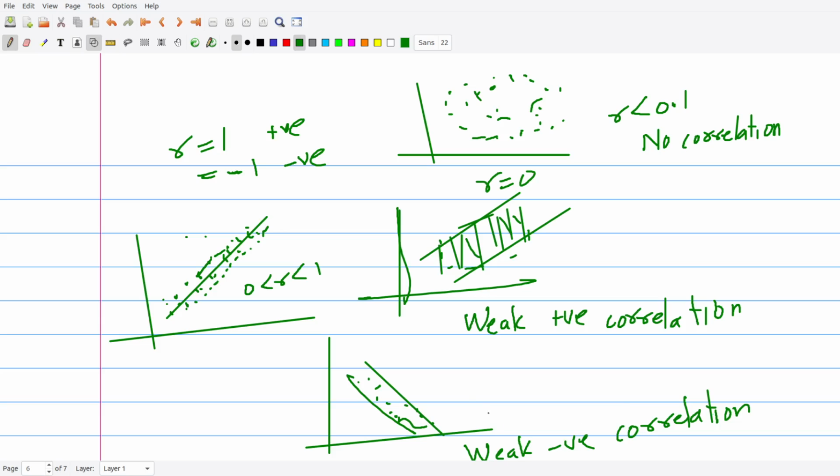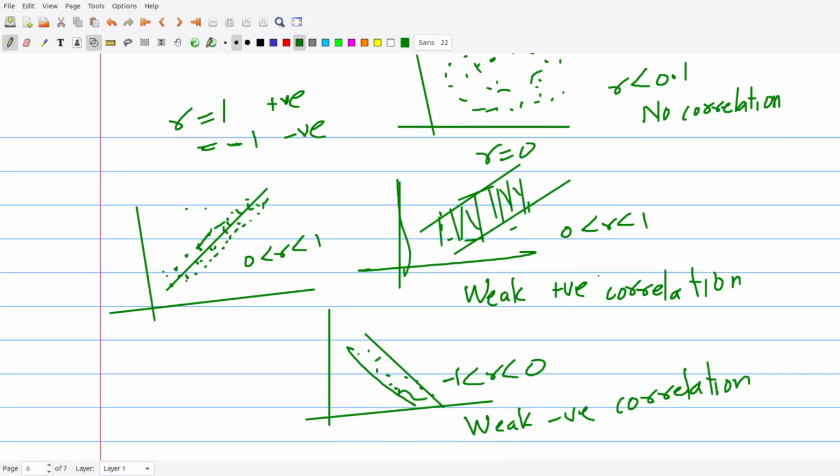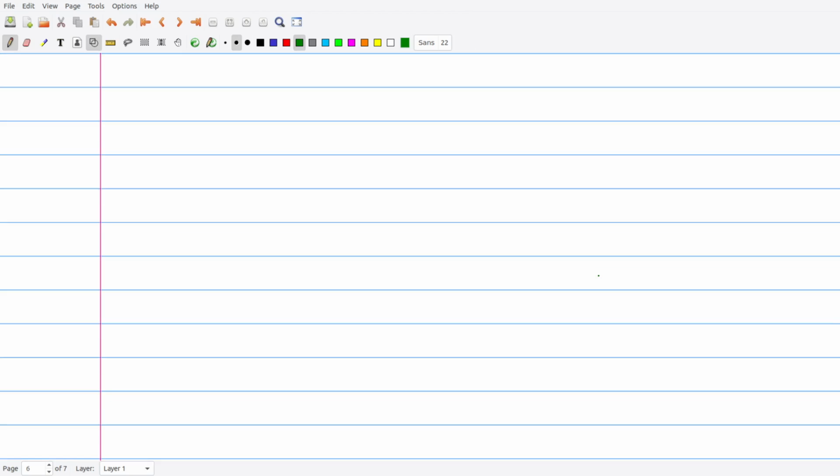What is the value of R here? R will range from -1 to 0. Here it will range from 0 to 1, and so on. So all these are different types of correlation. Ideal or perfect condition is when R is equal to 1, that is a straight line and it has got maximum points on the line.